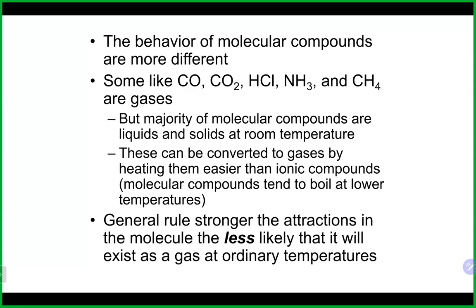The difference between them and ionic compounds is they can much more easily be converted into gases. Probably the prime example is water, right? We could take water, which is normally found as a liquid, and you could heat it, not super strongly, but just enough with a fire, and you will get it to go into the gas phase.